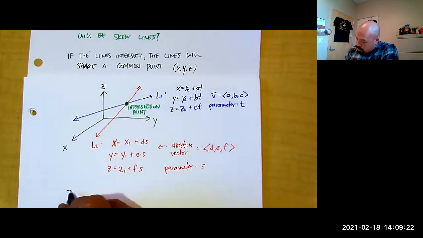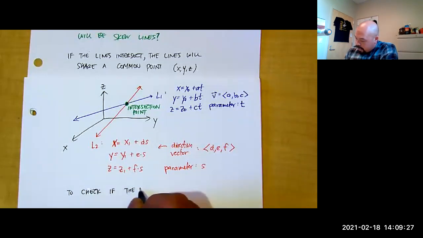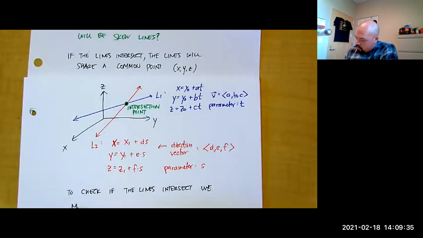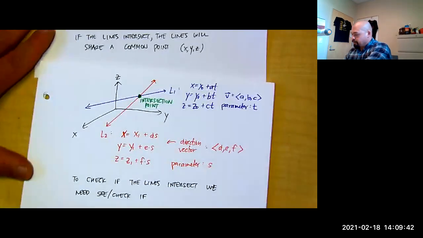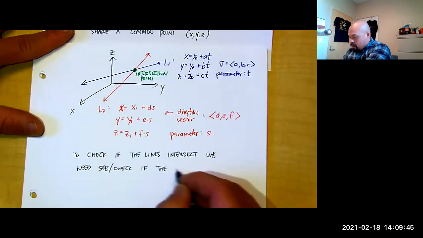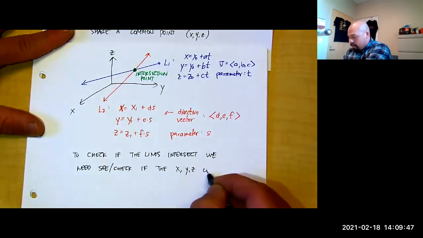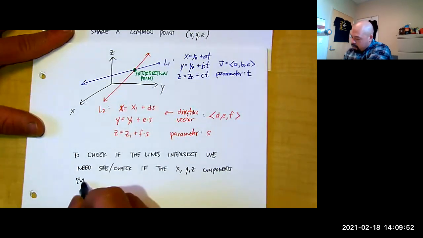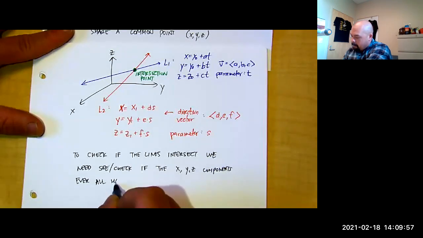So to check if the lines intersect, we need to check if the X, Y, and Z components ever all match.